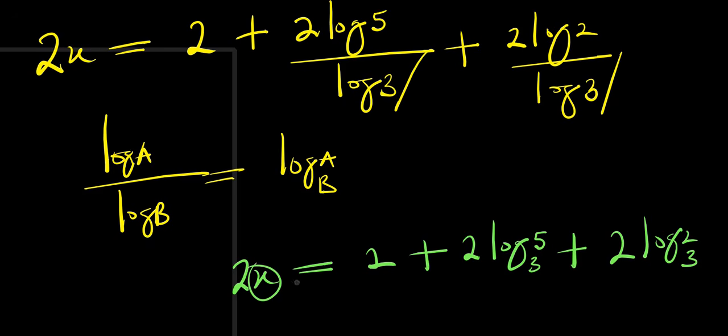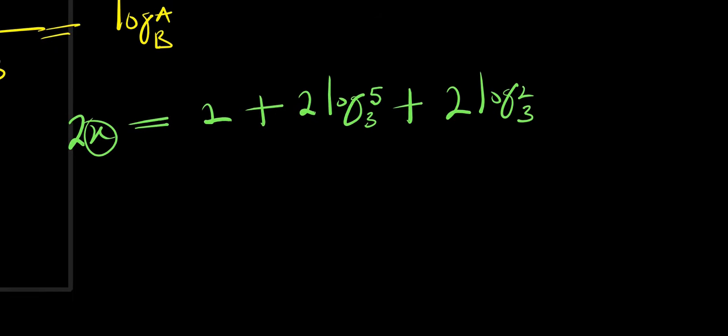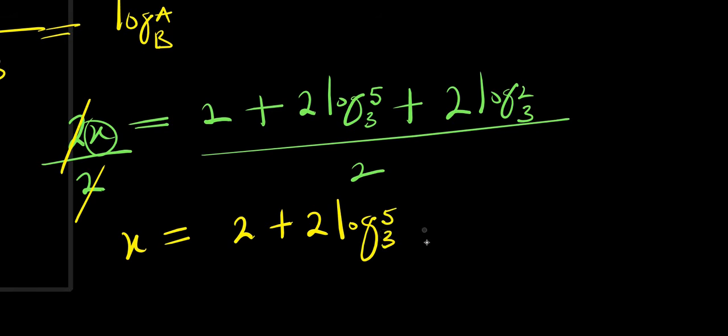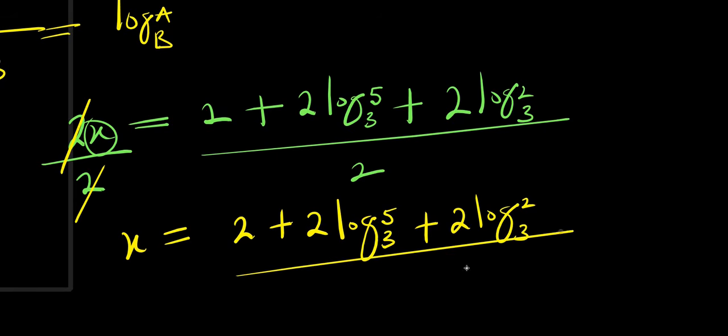So let's isolate x by dividing this by 2 and dividing this by 2. So 2 cancels 2, we have x equals 2 plus 2 times log 5 to the base of 3 plus 2 times log 2 to the base of 3, divided by 2.